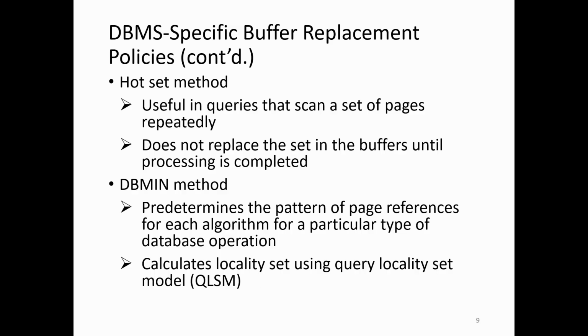According to that algorithm, it can be determined which pages should be accessed by a particular query. So we can keep those pages in the main memory buffer, and they can be accessed by that query when executing.